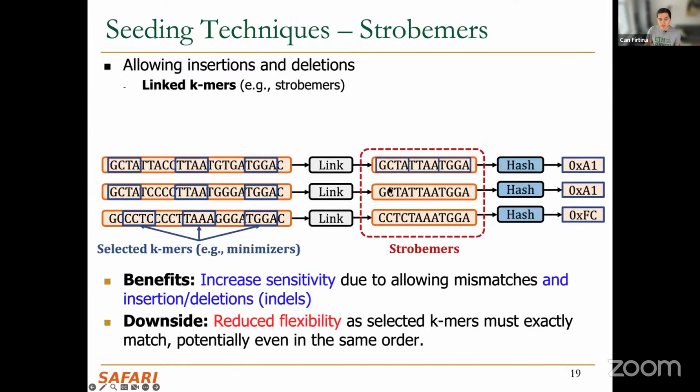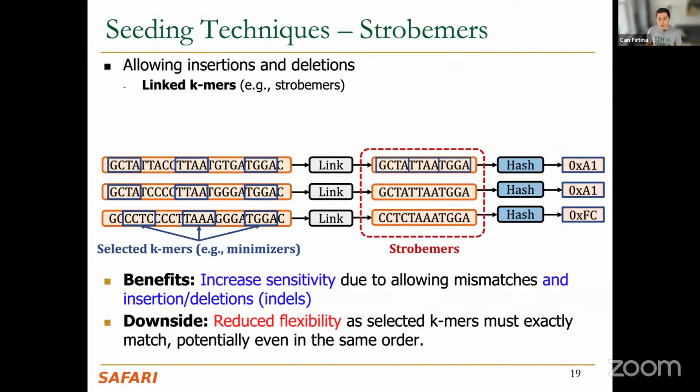If you look here, for example, these two strobemers are now exactly matching, but they may not be exactly matching if there was a single character change here, right? But then the question is, does this mean that these two corresponding sequences are too dissimilar to each other? In most cases, the answer should be no, because with a single mismatch they are potentially still similar to each other.